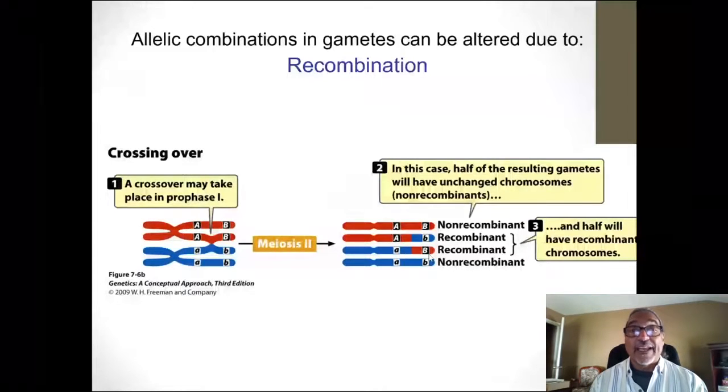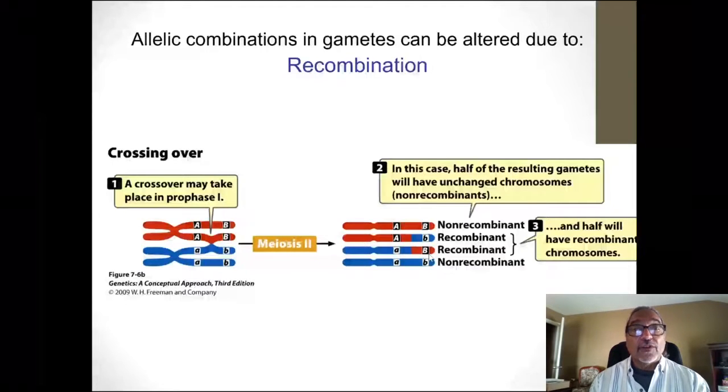And in fact, there will probably be multiple crossing over events. Remember, crossing over does not only occur once on a chromosome, it can occur across the entire length of DNA within a chromosome.